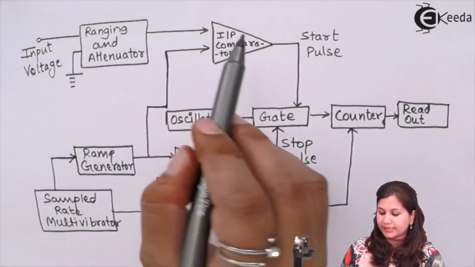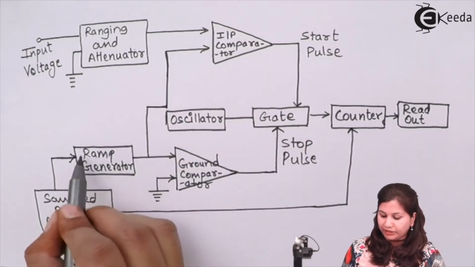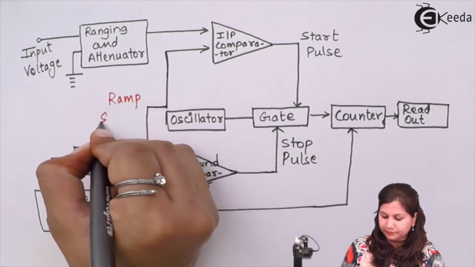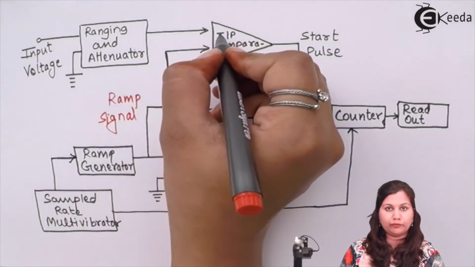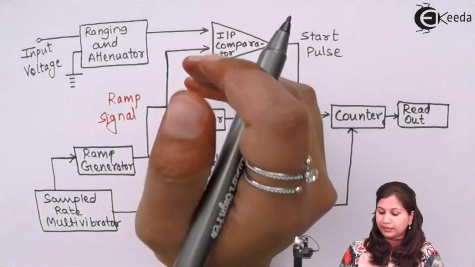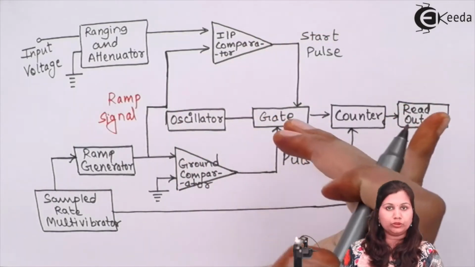Then this input voltage is applied to the input comparator. Now here we have the ramp generator, which is going to provide the ramp signal. So the ramp signal and the input voltage signal are compared in this input comparator. When these two are equal, a start pulse is given to the gate.